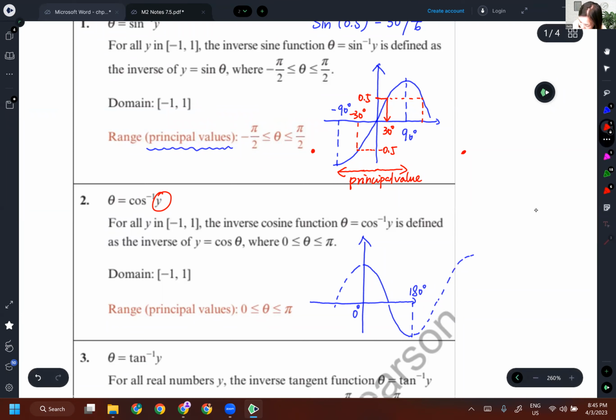If you input, let's say, 0.5, you're supposed to get 60 degrees. If you put negative 0.5 inside, you're supposed to get 120 degrees. So the principal value is between 0 and 180.